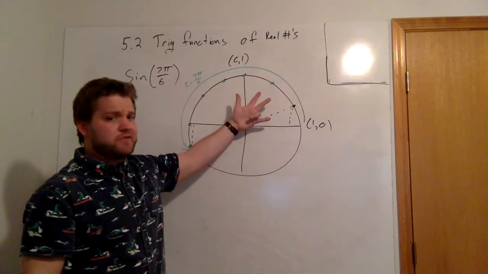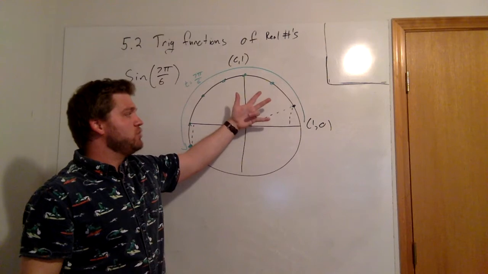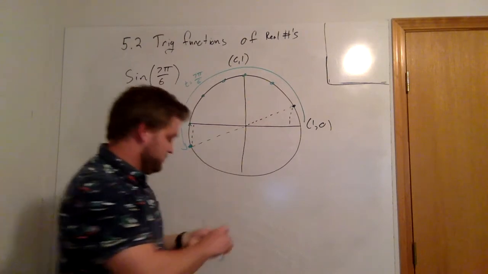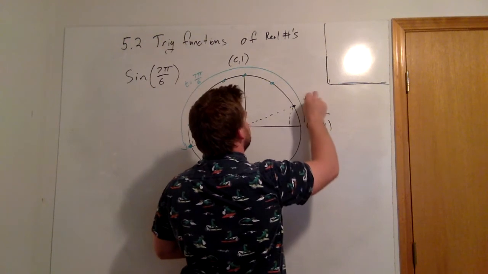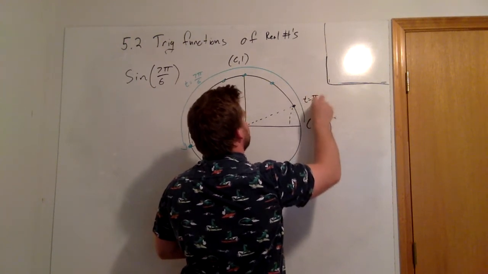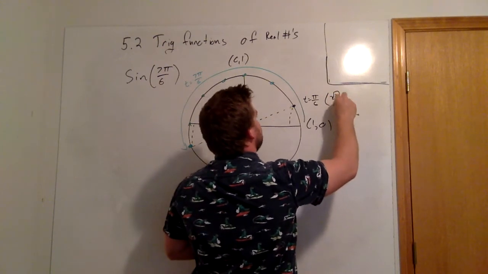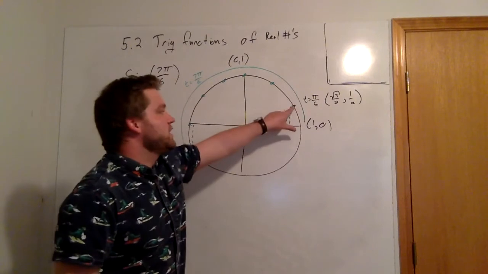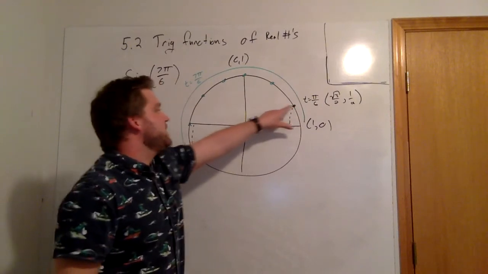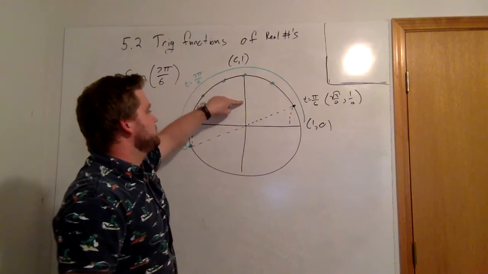So if I put down my pi over 6 finger, the x coordinate will be root 3 over 2, and the y coordinate will be 1 over 2. So if we write that up right here, this is a distance t, which is pi over 6. The coordinates here are going to be root 3 over 2 and 1/2. And again, notice if I drew a line from here to here, we're about halfway up from 0 to 1, so the y coordinate is 1/2.